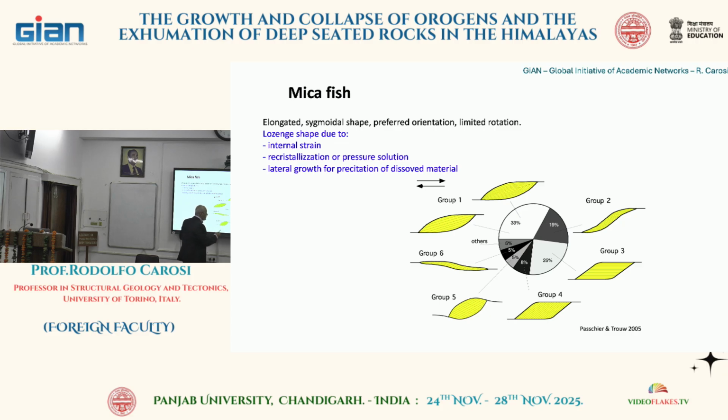It depends also on the basal cleavage of the mica: it is parallel to the foliation, or oblique, inclined in the positive direction. But in any case, apart from this group that shows a shape in an opposite direction, groups 1, 2, 3, 4, 5 are good for detecting the sense of shear.